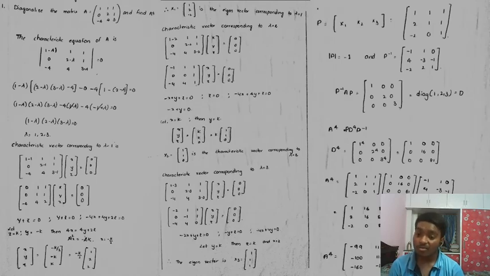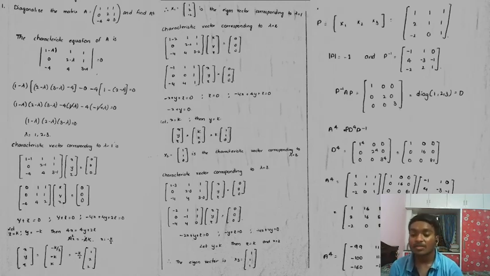Subtracting the eigenvalue from the diagonal elements results in the matrix 0, 1, 1, 0, 1, 1, minus 4, 4, 2, multiplied by x, y, z, or x1, x2, x3, equal to 0, 0, 0. Now the equations are y plus z equals 0, the same y plus z equals 0, and minus 4x plus 4y plus 2z equals 0.